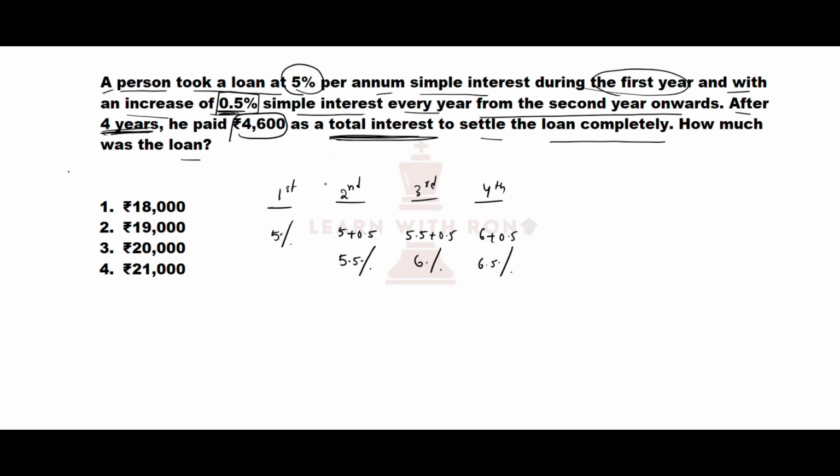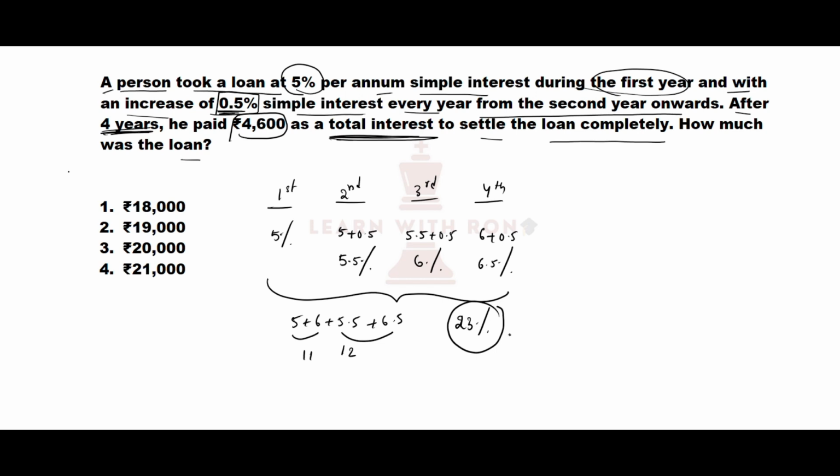See the total rate of interest here, how much? 5 plus 5.5 plus 6 plus 6.5. That's all, right? 5 plus 6 is 11, 5.5 plus 6.5 is 12. So 11 plus 12, which is 23 percentage is the total rate of interest.